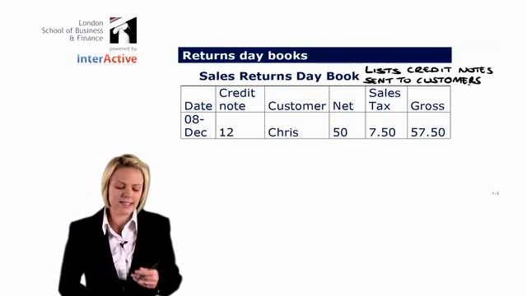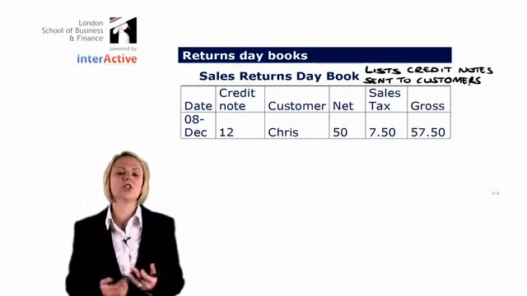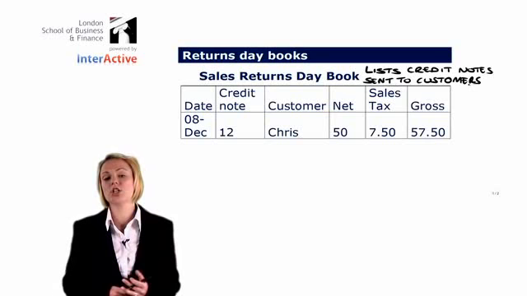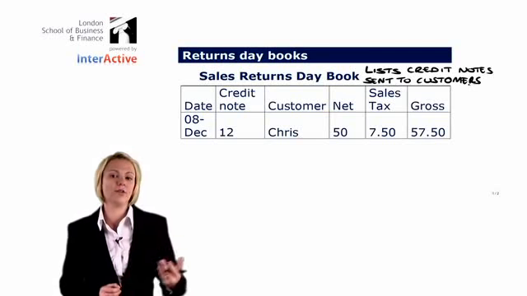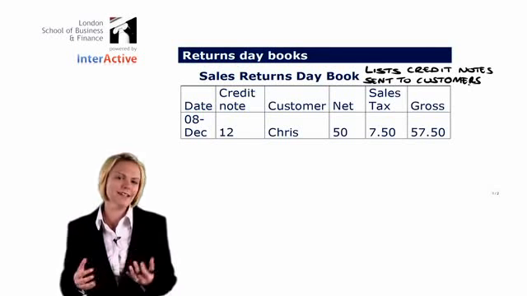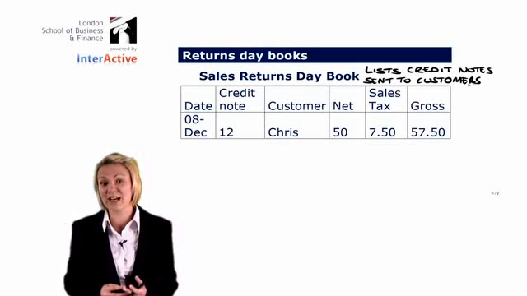Okay, so lists credit notes that we sent to customers. So if a customer returns goods to us, well then they're not going to owe as much money as what we initially thought on the invoice. We'll give them a credit note to show that they don't have to pay us as much. Now this is the first time that we've seen returns, and really they're the opposite of sales.